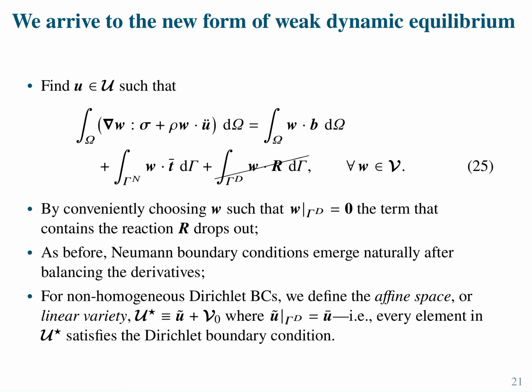In other words, every single function that I take from this linear variety satisfies my Dirichlet boundary condition. So when I plug in some function from that linear variety, I get a really nice formulation because the effect of the prescribed Dirichlet boundary condition goes to the right-hand side and becomes part of the force vector.